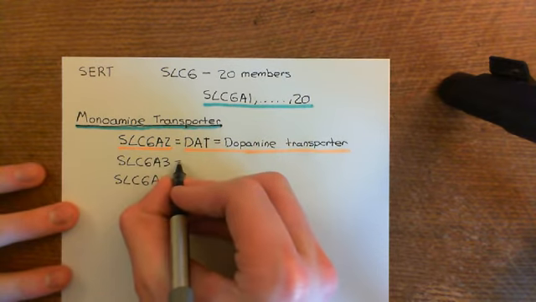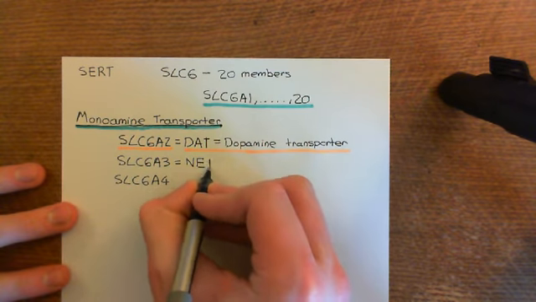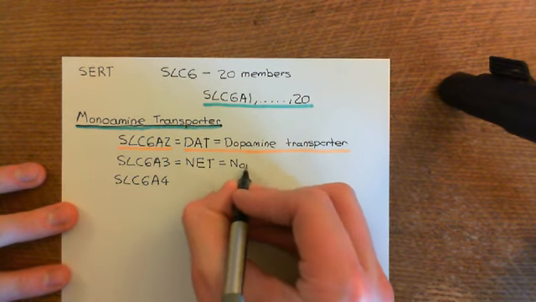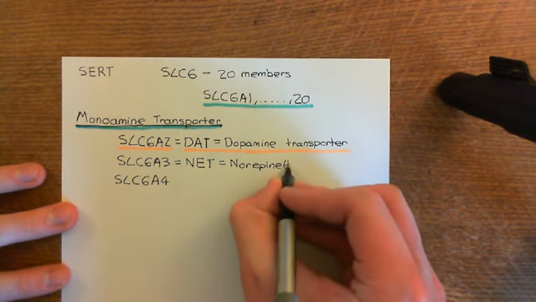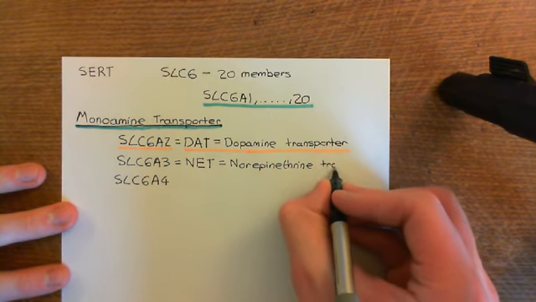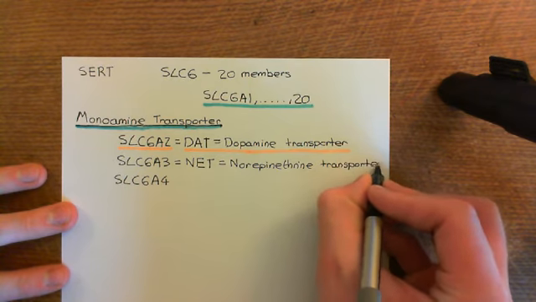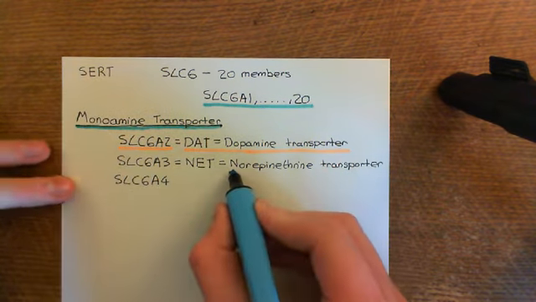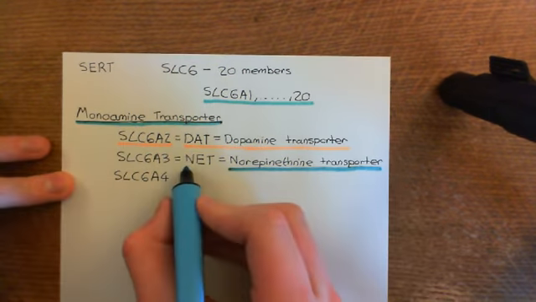SLC6A3 is also known as the norepinephrine transporter, or for short, it's known as NET. N is for nor, E is for epinephrine, and then T is for transporter. This is when it becomes useful to know that noradrenaline is also called norepinephrine, in understanding why the transporter for noradrenaline is called the NET.